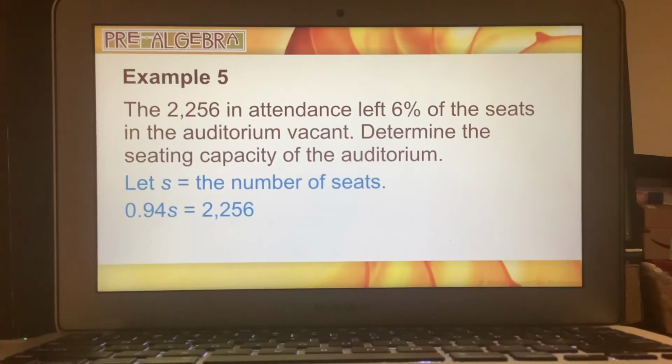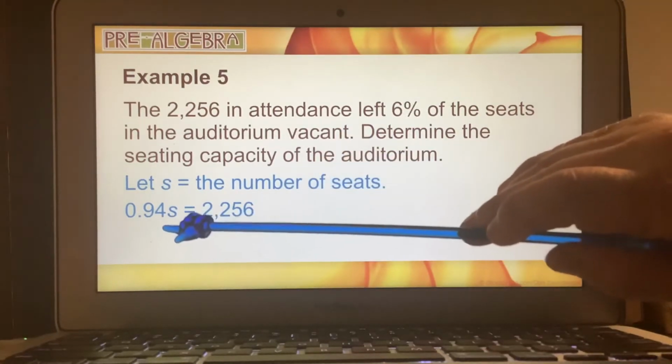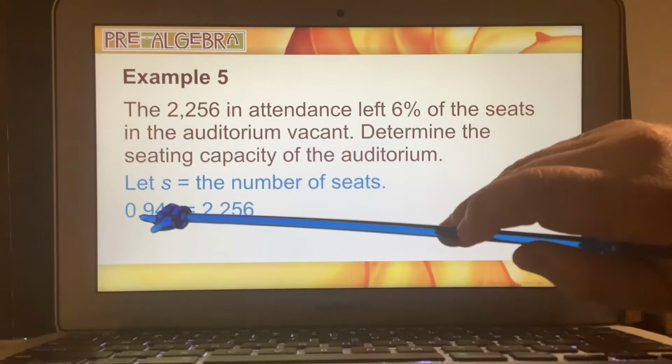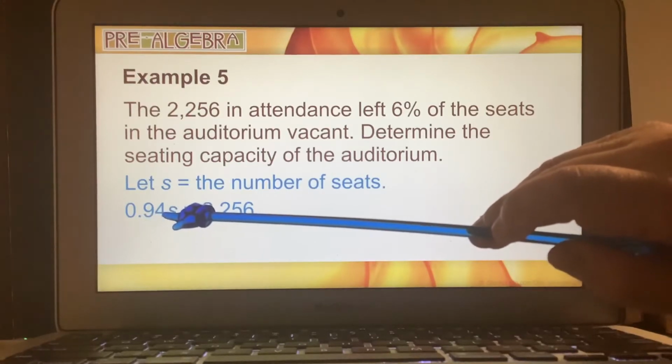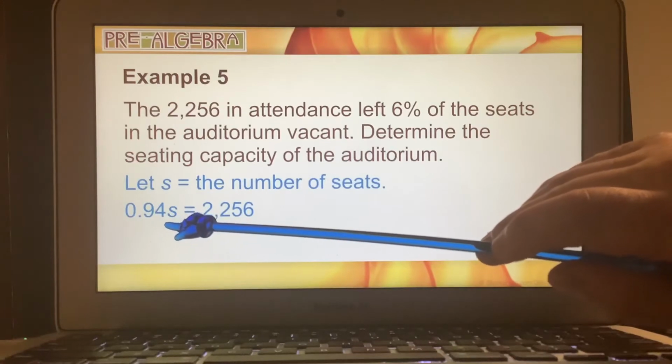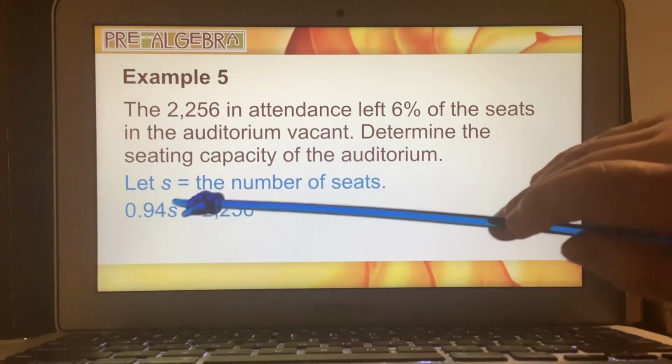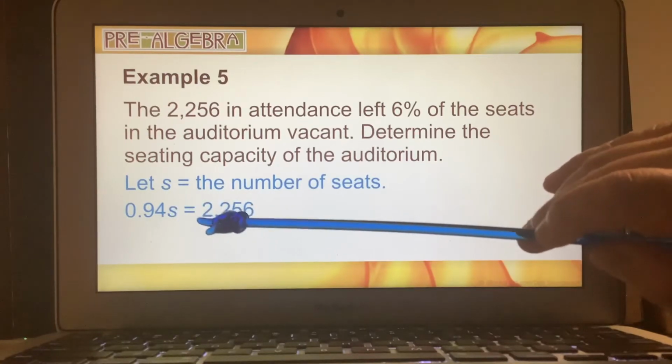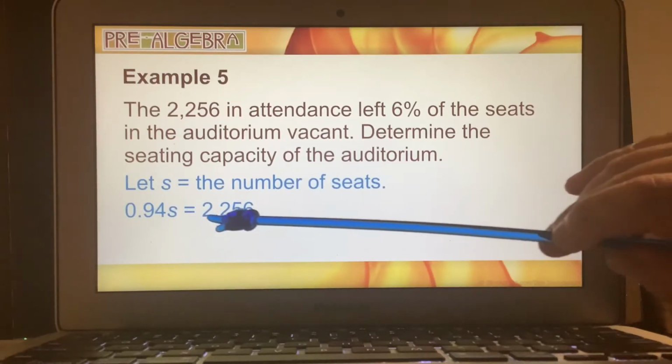And then when you convert that into a decimal, you move your decimal over, 0.94. Okay, and then this is your percent times the whole is equal to the part.